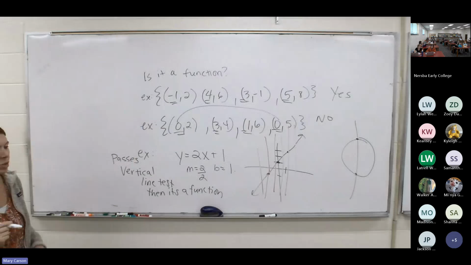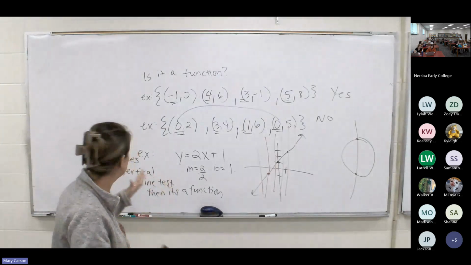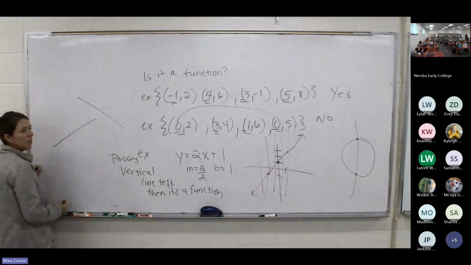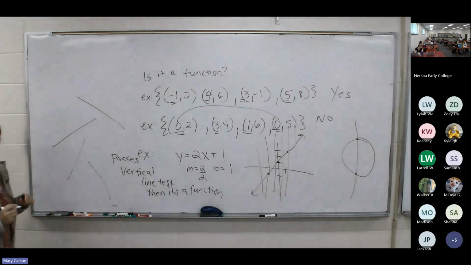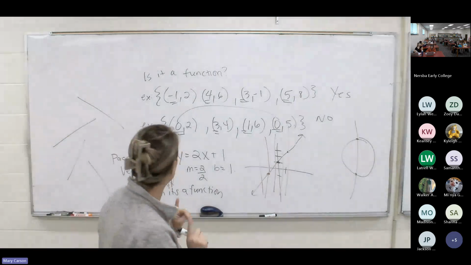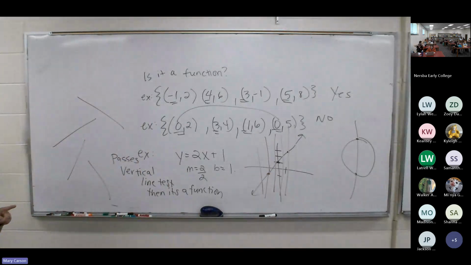Now, here's a good question. I want you to think about linear equations in general. There's a linear equation, there's a linear equation, here's a steeper one, there's a steeper one. What is an example of one type of linear equation that would not be a function? Meaning there's one type of linear equation that would not pass the vertical line test.